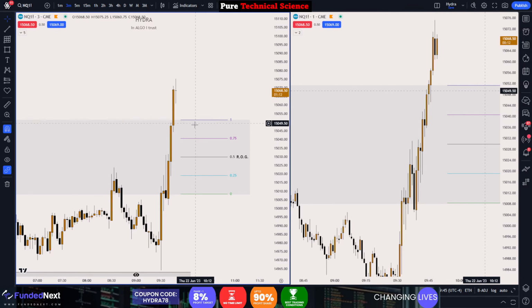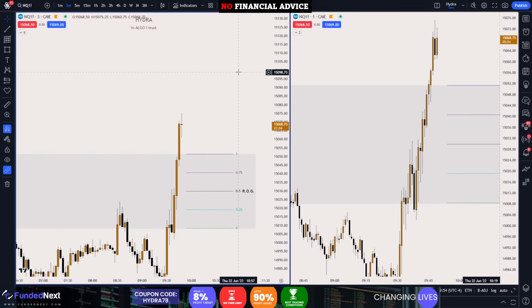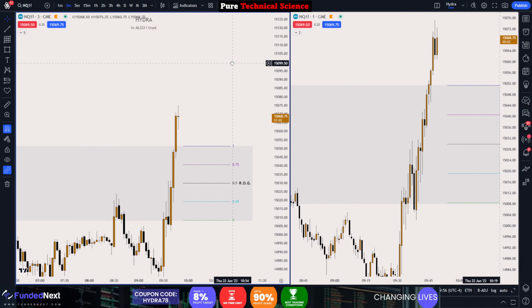If price is retracing back in between here, then I'm aggressively bullish, and I would like to see price clearing out yesterday's PM session highs.